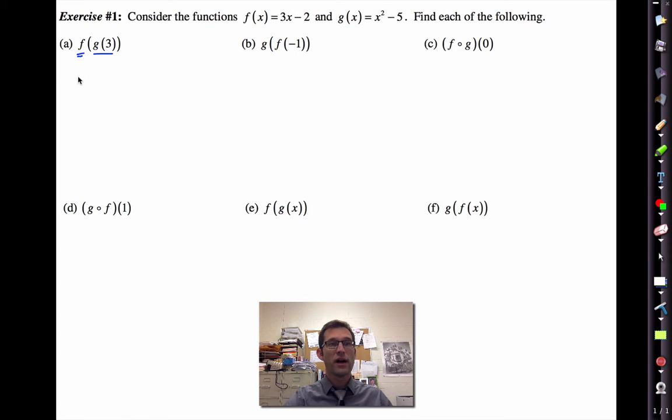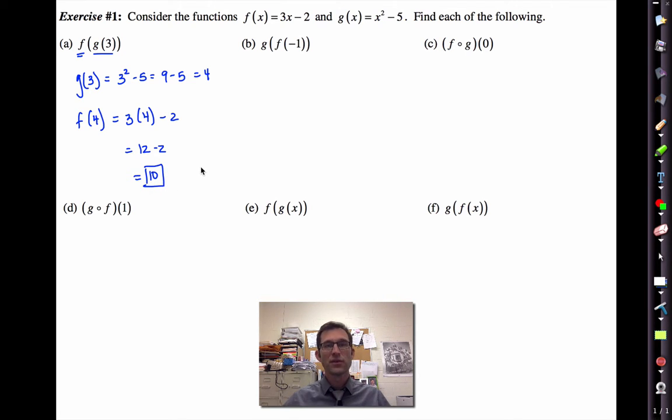That's what's inside of f. So the first thing I have to do is figure out g of 3. And what is g of 3? Well, it's 3 squared minus 5, which is 9 minus 5, and that's 4. So we now have f of 4, which is going to be 3 times 4 minus 2, which is 12 minus 2, and that's 10. And that is f of g of 3. It's equal to 10.